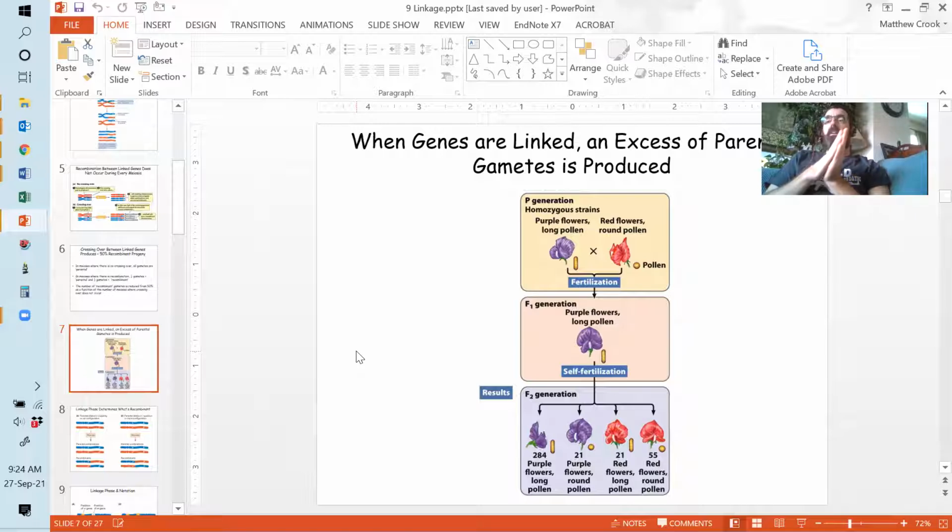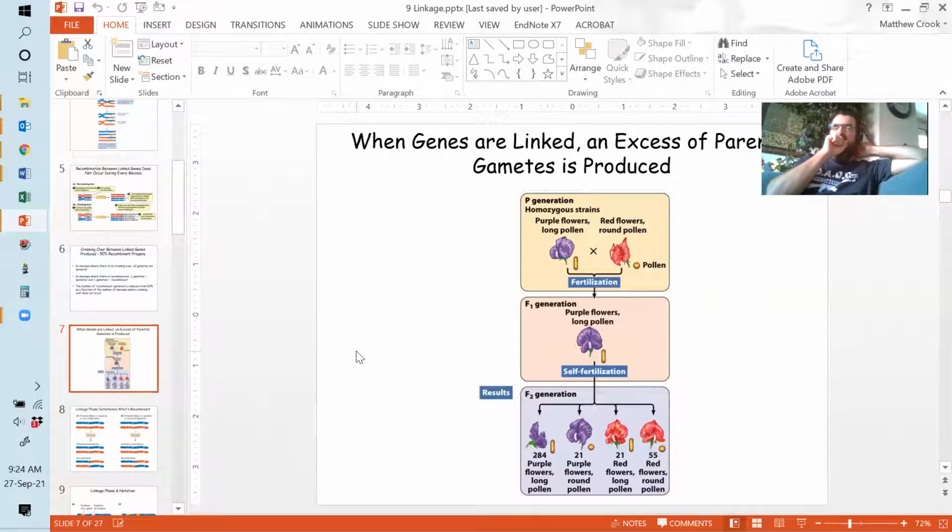And somewhere in between 100% and 0%, you will get a reduction in the number of recombinants, because recombination won't always occur between those 2 points. It's all about distance, and we'll actually get back to this.